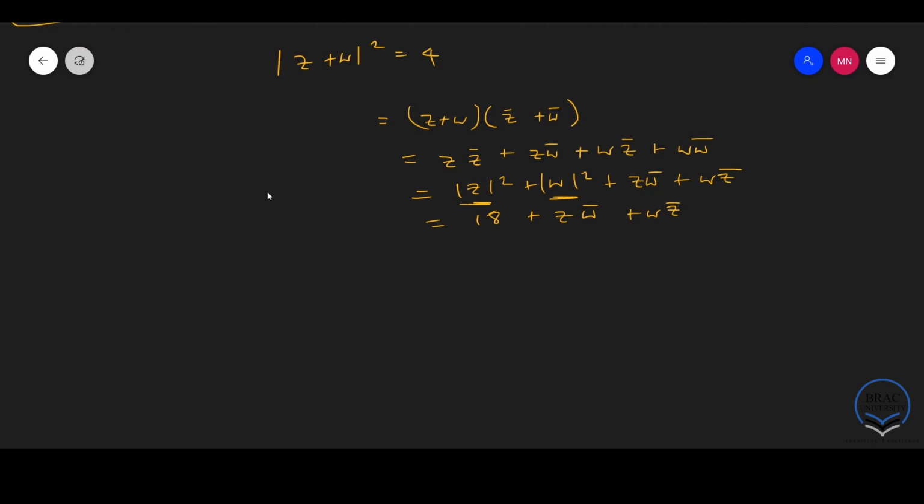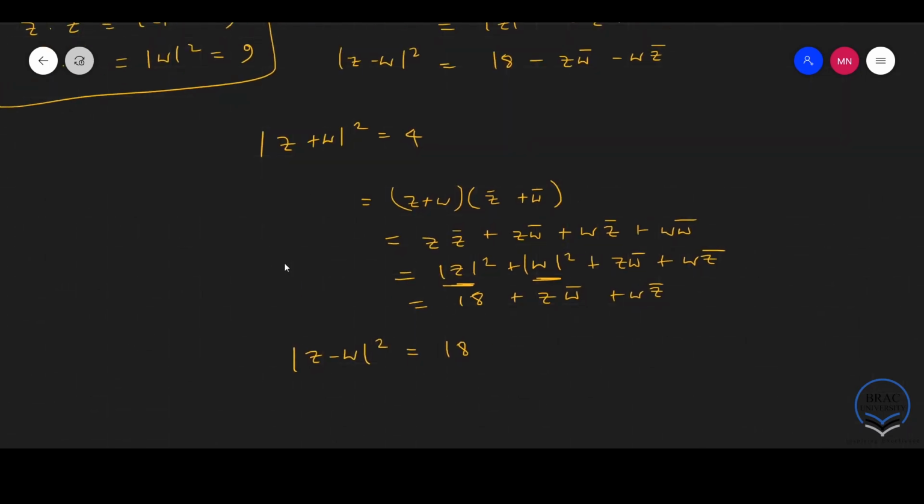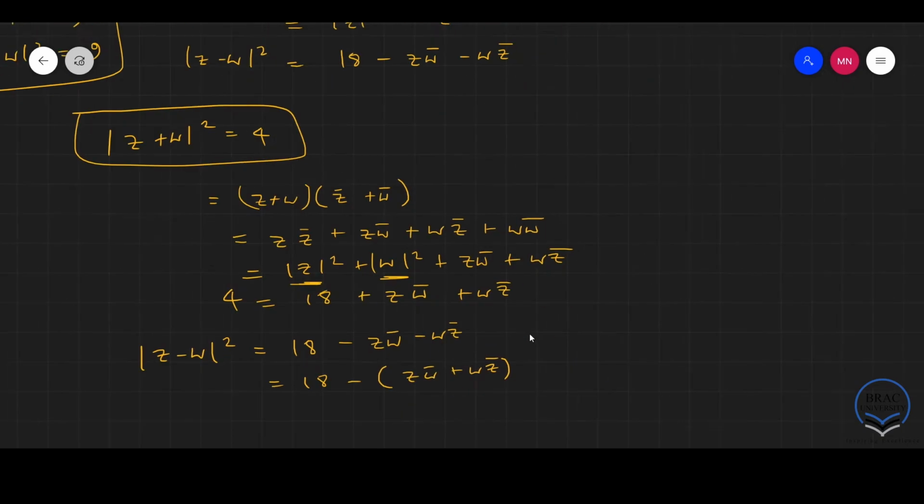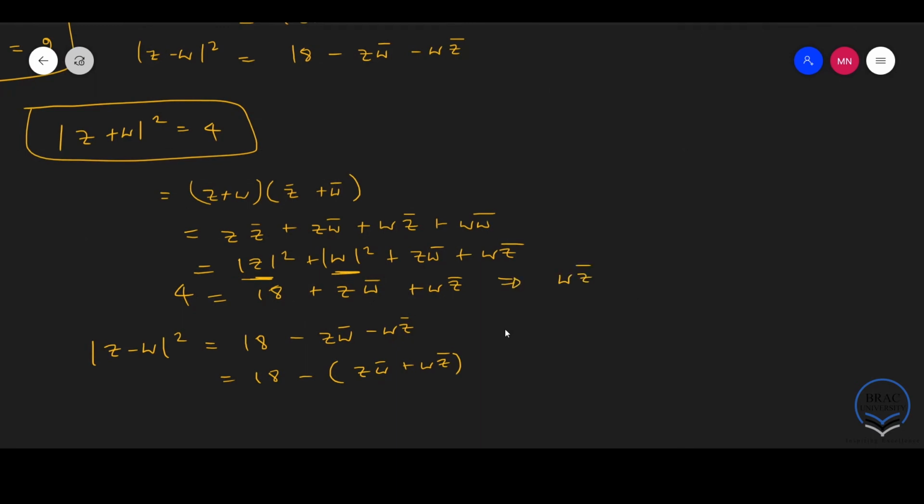So now we can see that the magnitude of z minus w squared was equal to 18 minus z w bar minus w z bar. I can write this as 18 minus this, right? And now we see that this is equal to 4. So from this I have w times z bar plus z times w bar equal to 4 minus 18, which gives us minus 14.